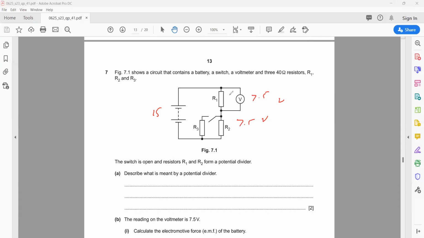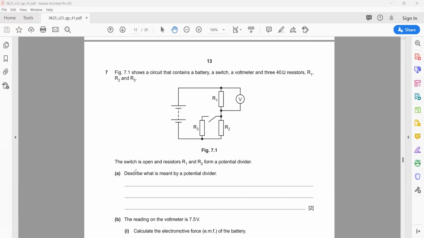So if any machine needs 7.5 volts and you have only 15, by using these resistors you can produce 7.5 and attach that device here so it can get 7.5. So this is a potential divider, meaning it divides your potential into two or three parts.